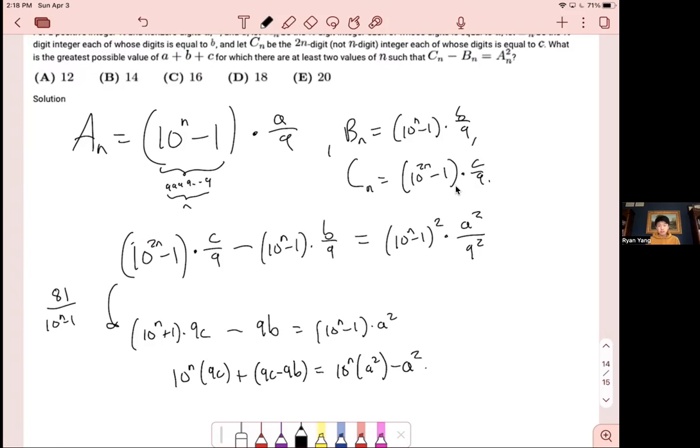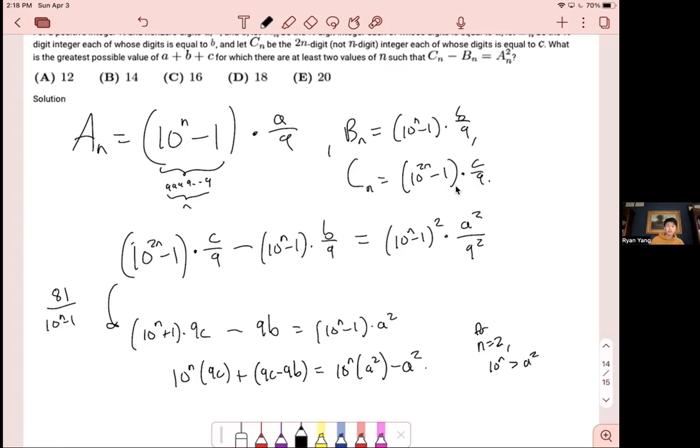And so for n equals 1, a squared can be big enough to affect the 10 to the n values, but we need to have this be true for two positive integer values of n. And for n equals 2, 10 to the n is greater than a squared.